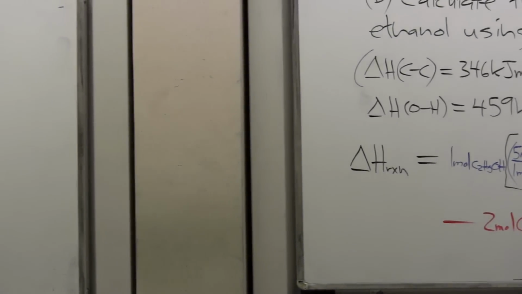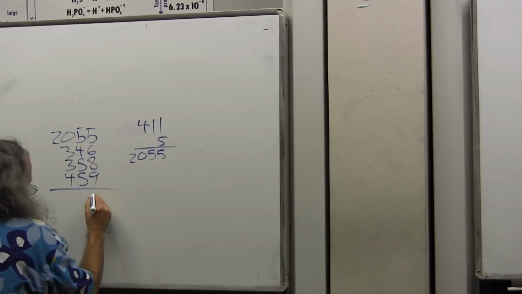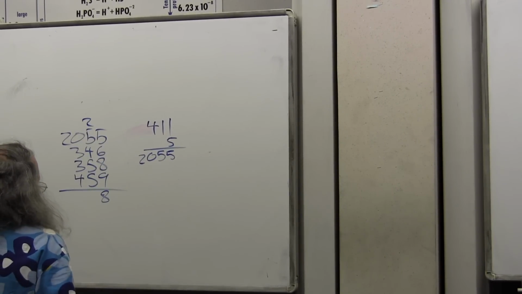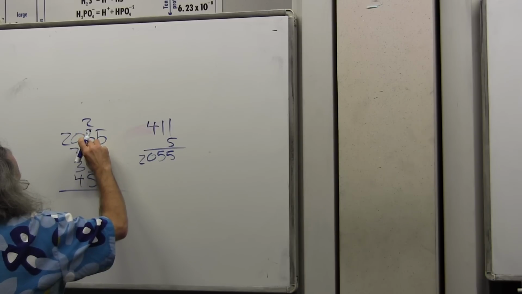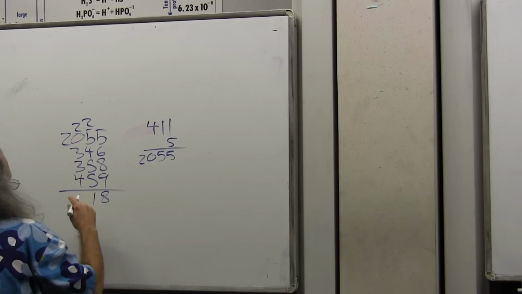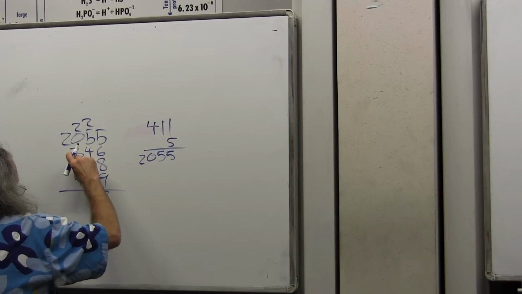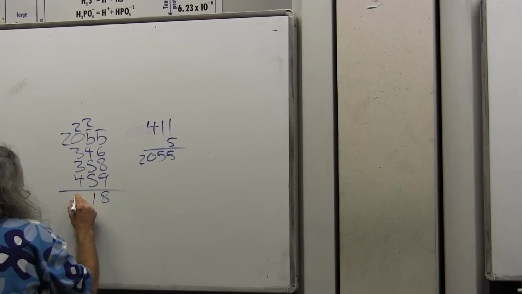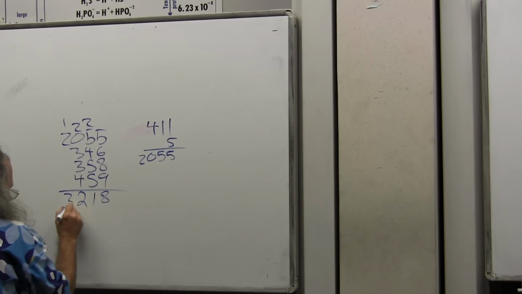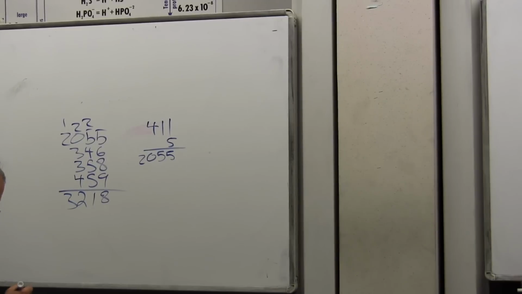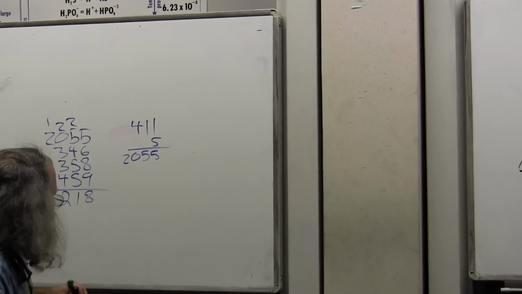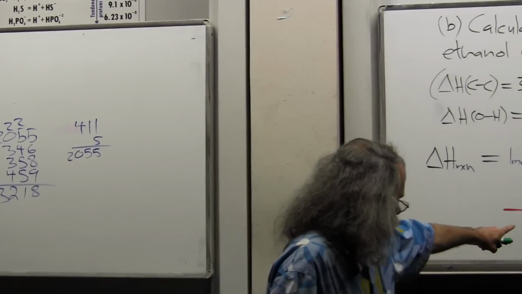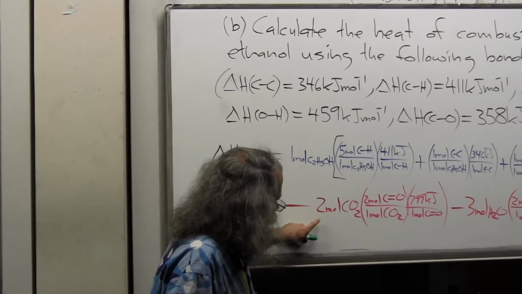Okay, 6 and 5 is 11, 11 and 9 is 20, that'd be 28, 5, okay, 5, 10, 15, 19, 21, 3 and 2 is 5, 5 and 3 is 8, 8 and 4 is 12, that'd be 32, 18, 3,218 kilojoules, which is plus, and then do the calculation for the carbon dioxide.